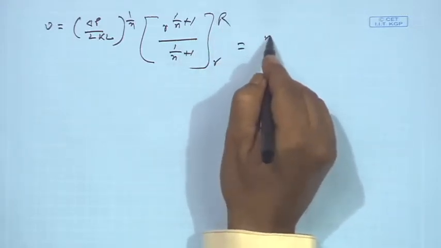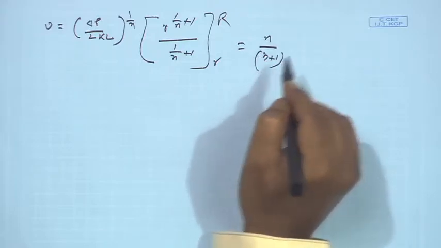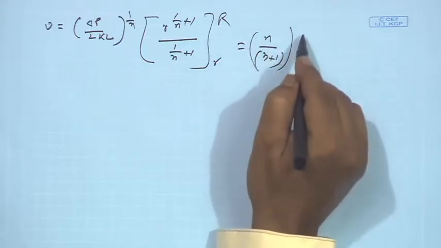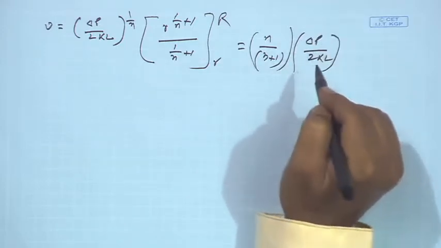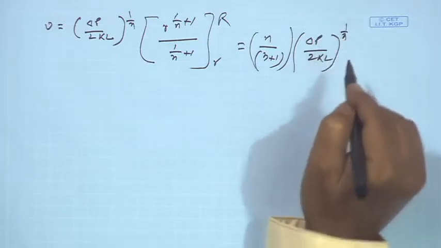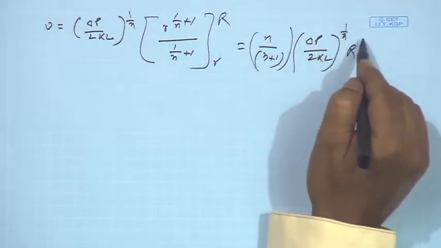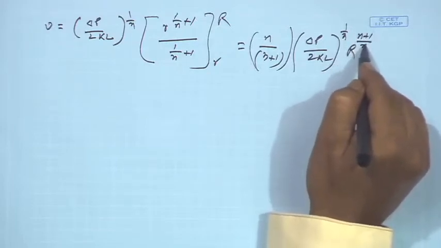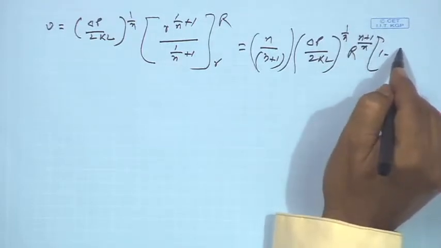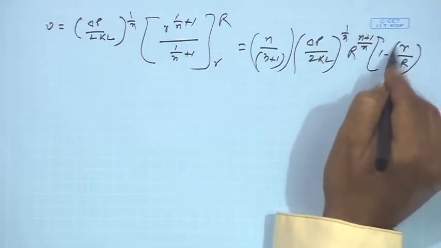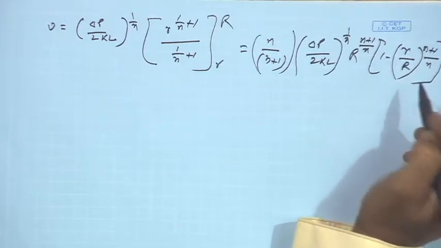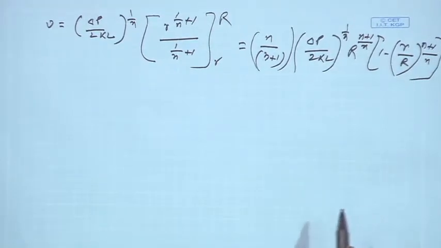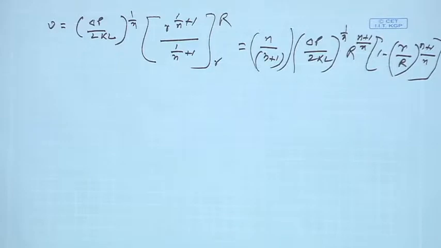And this was n by n plus 1 into (delta p by 2 k L) to the power 1 by n and r to the power n plus 1 by n into 1 minus r by r to the power n plus 1 by n, right. This we had developed in the previous class, right. So, this is the instantaneous velocity.